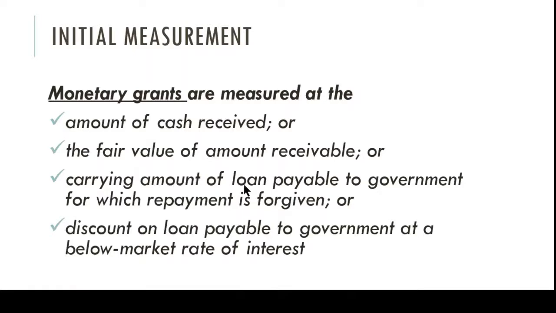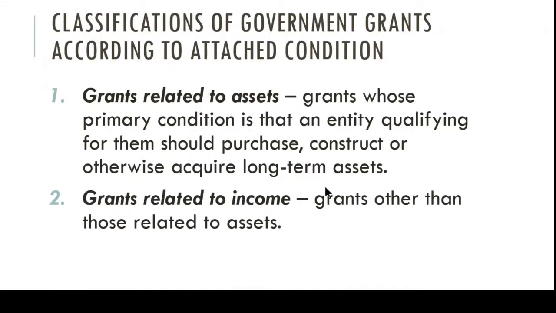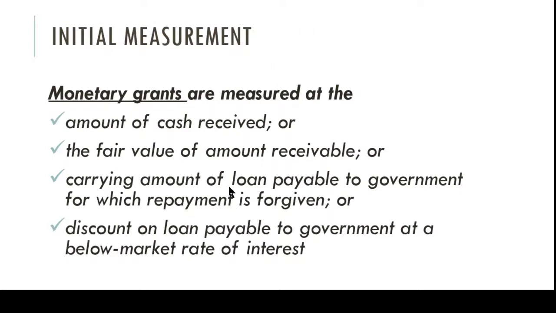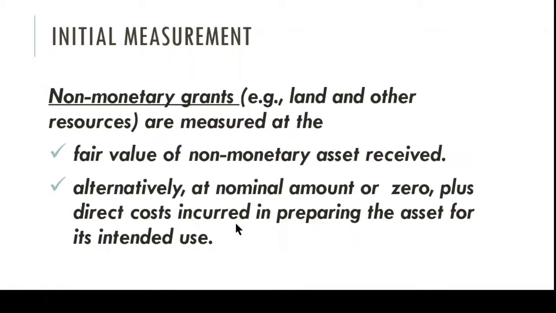The measurement of that would be at the carrying amount of the loan payable to the government for which repayment is forgiven. And if it is a loan at below market rate of interest, it is the difference between the initial carrying amount of the loan determined in accordance with PFRS 9 and the proceeds received, so that is a discount, will be treated as the government grant.